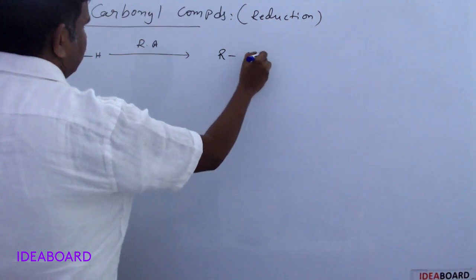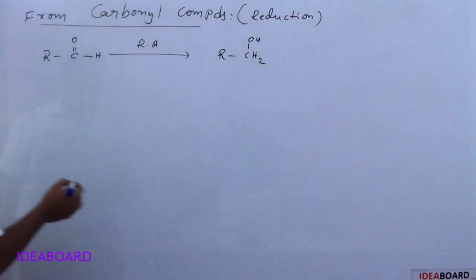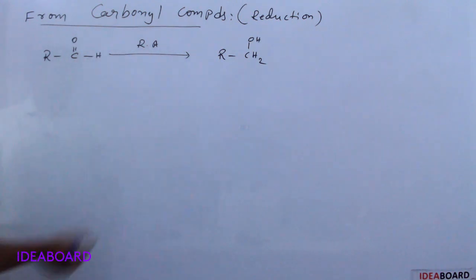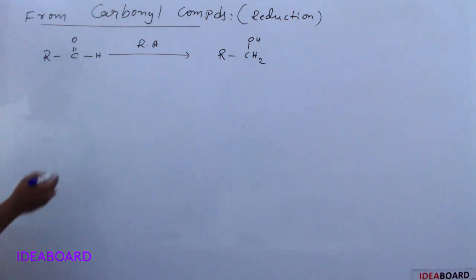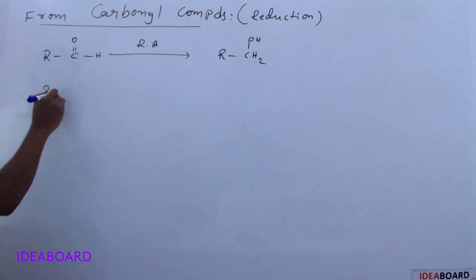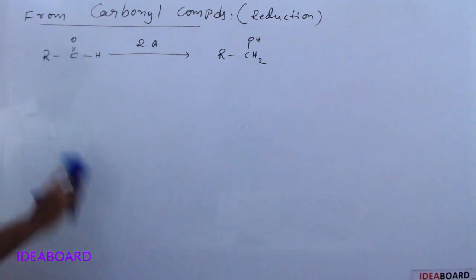Here the alcohol formed is RCH2OH. If you see the reaction, what has happened? One hydrogen is added here, one hydrogen is added here. And for the reducing agents used in this process, we will take one more reaction.